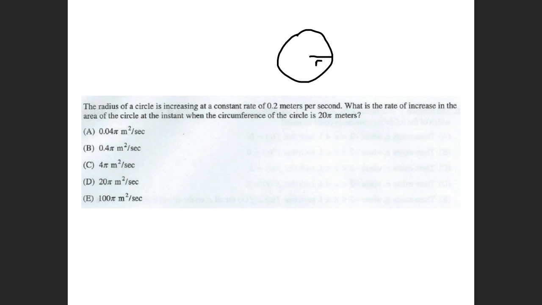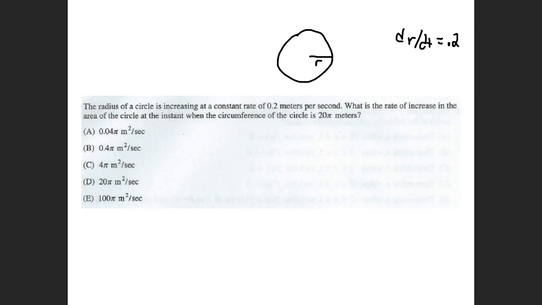So what did they just give me? They just gave me dr dt. That's because they gave me the rate at which the radius is increasing. It says the radius of the circle is increasing at a rate of 0.2. So I know dr dt is 0.2.